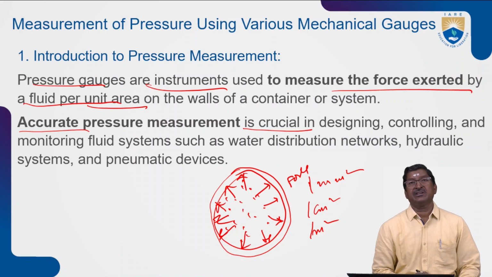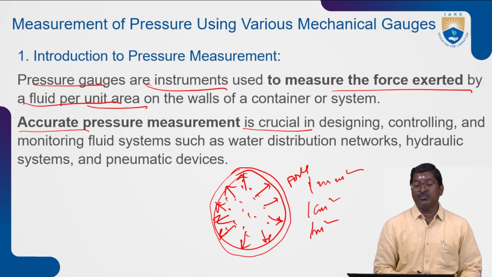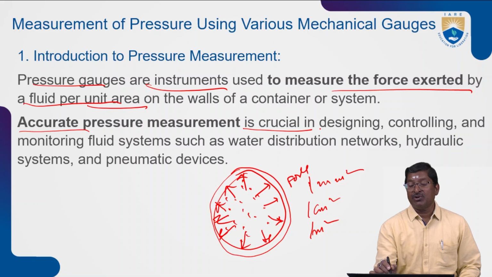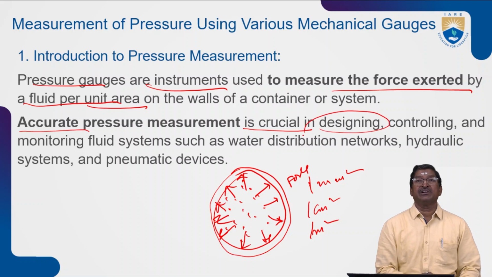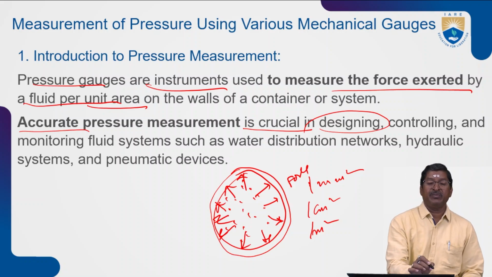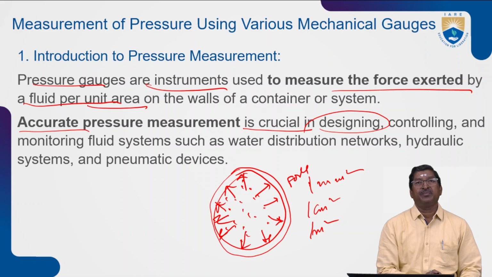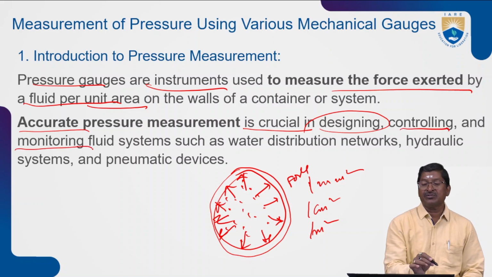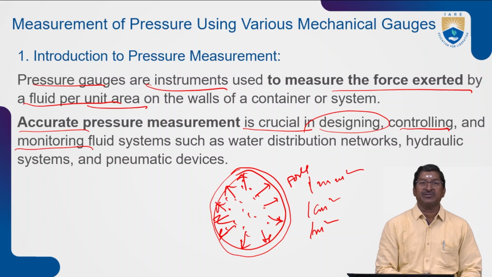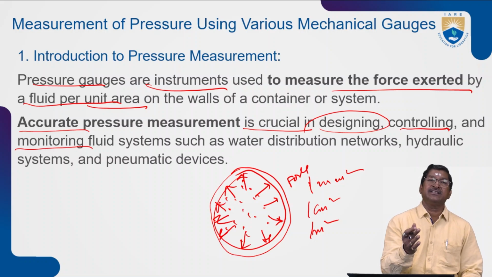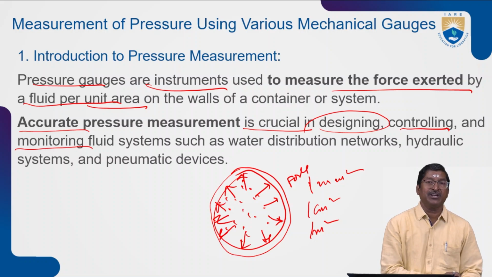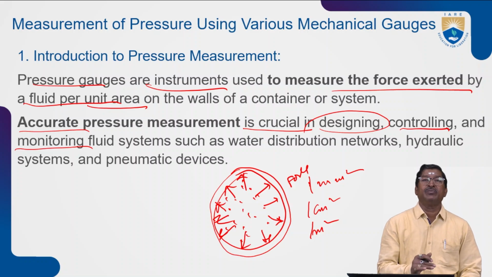So why should we measure? It is very important, because if we want to design a pipe or machines or equipment related to that pressure, we should measure the pressure accurately. Then controlling and monitoring: if it exceeds the maximum pressure of that particular equipment or pipe, it will burst.